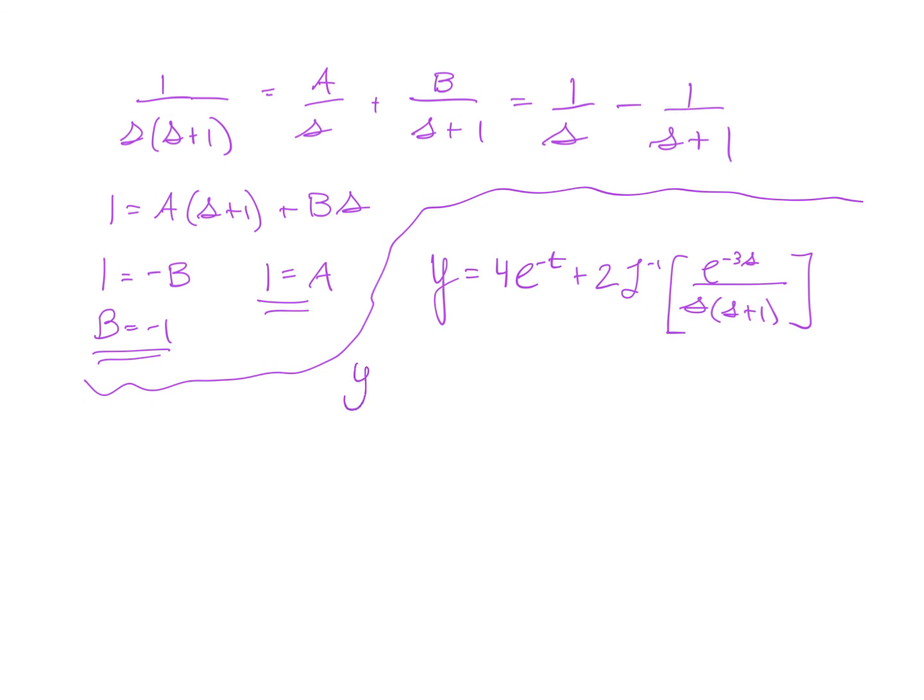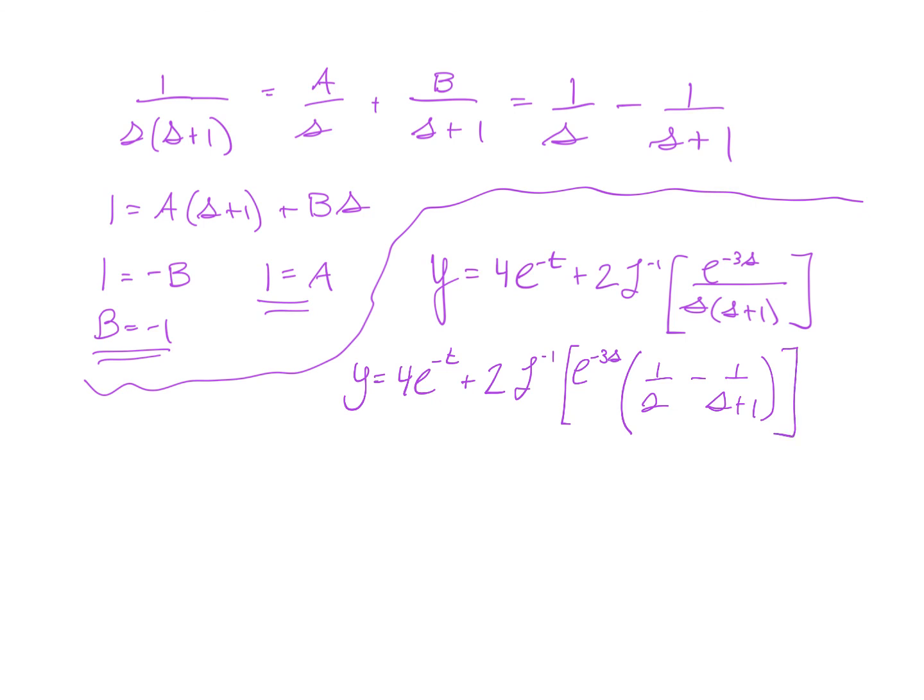So I've got y equals 4e to the negative t plus 2 times the inverse Laplace of e to the negative 3s times 1 over s minus 1 over s plus 1.